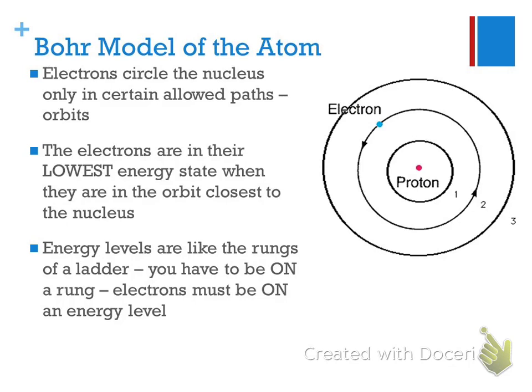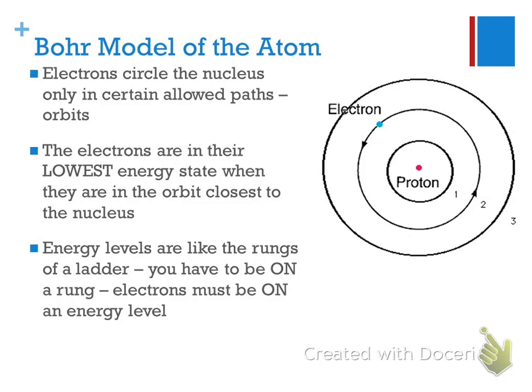So when Bohr was doing all of his research, he was researching hydrogen atoms. Hydrogen atoms have how many electrons? Only one, right? And his process seemed to work. But then when we tested it on other elements, it was no good.